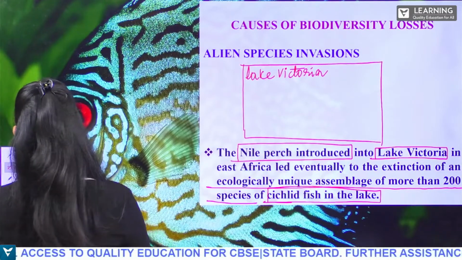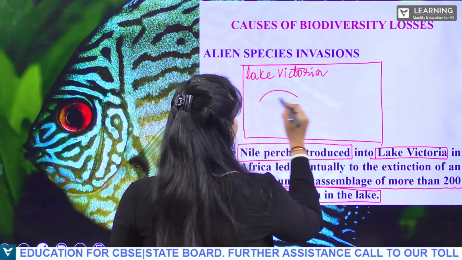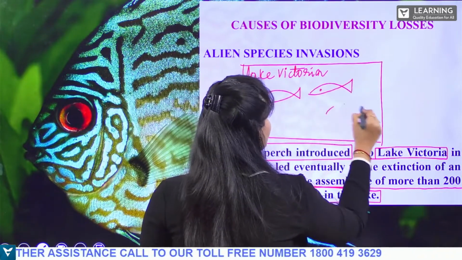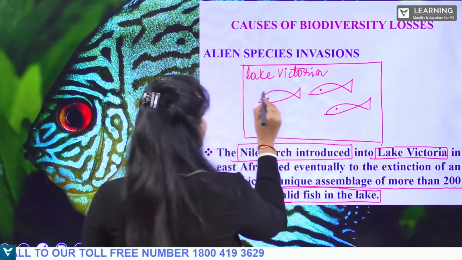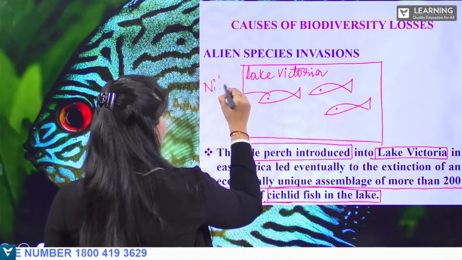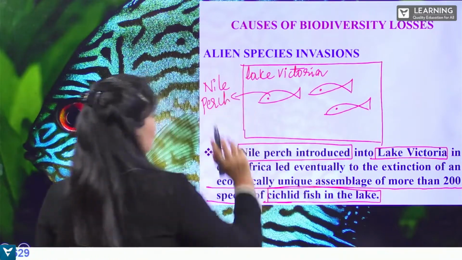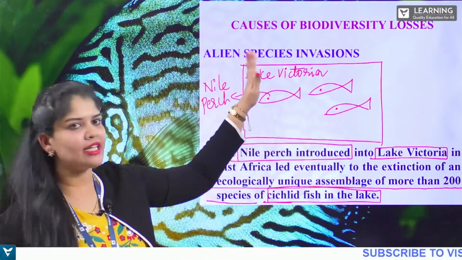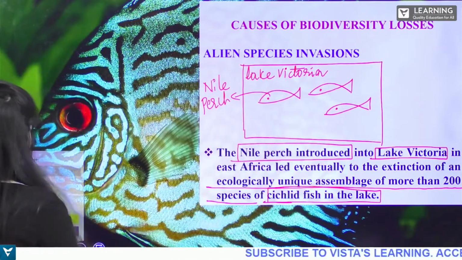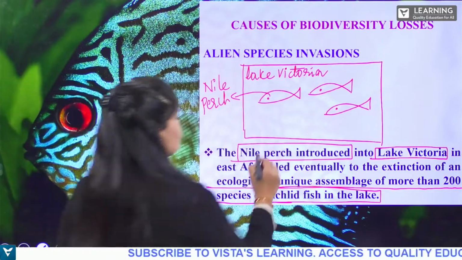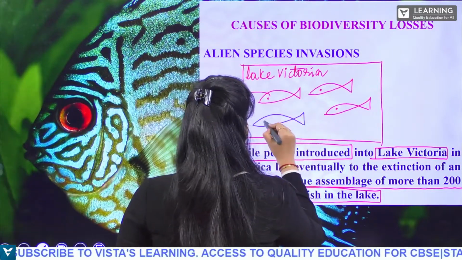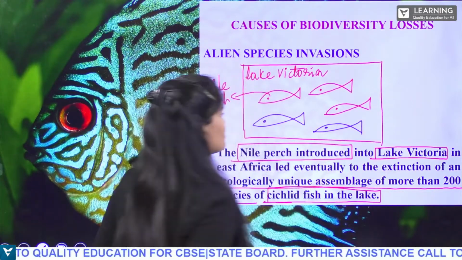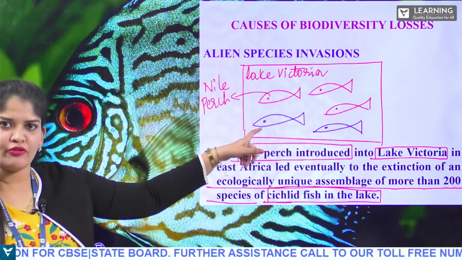Now, this is all Nile perch fishes that have been introduced into Lake Victoria. Already, Lake Victoria has cichlid fishes.